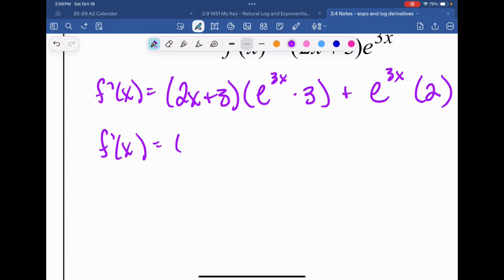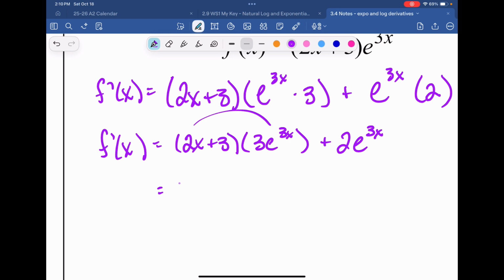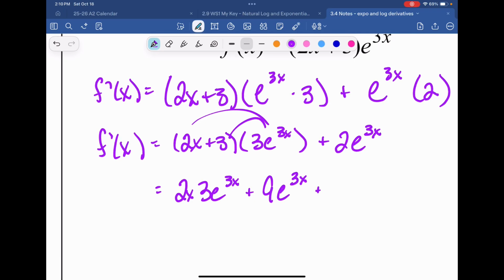Let's see. All right, let's see if I simplify this. Like terms.